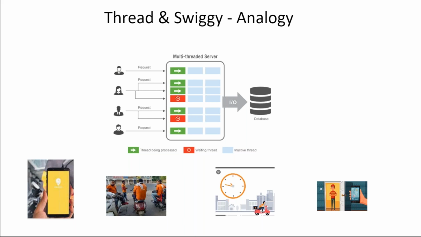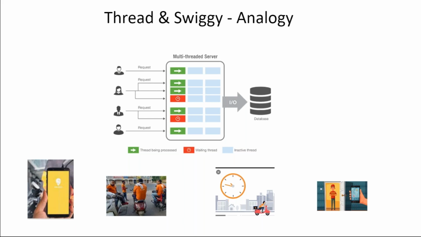There are going to be multiple people who are waiting somewhere in the area, near the restaurant or near your home, waiting to pick up the orders. So when somebody takes his mobile and orders the food, the request is going to be assigned to one of the Swiggy persons. There might be 5 or 10.